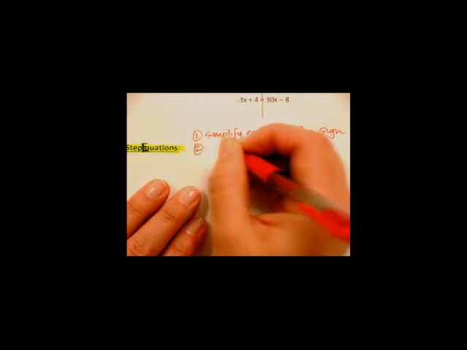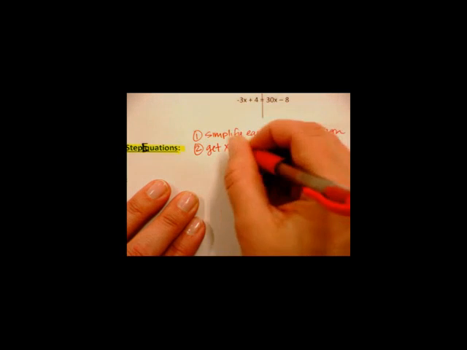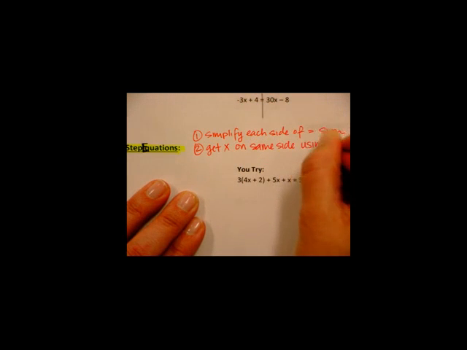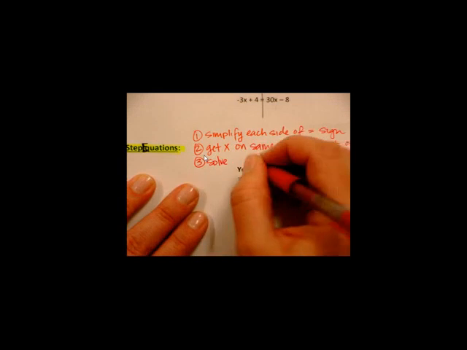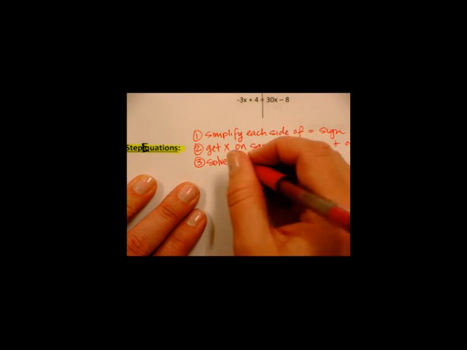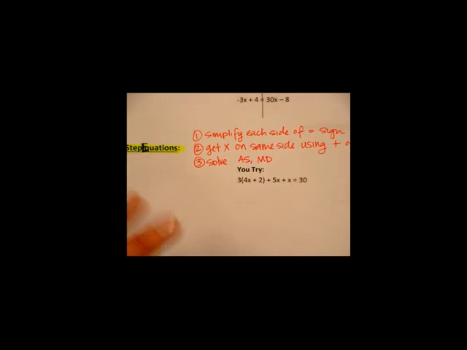Step 2 is to get x on the same side using either addition or subtraction. And then step 3 is to solve using your backwards PEMDAS order. Can you get rid of anything using addition or subtraction? Can you get rid of anything using multiplication or division? 3 basic steps. Simplify each side of the equal sign, get x on the same side using addition or subtraction, and then solve that thing.